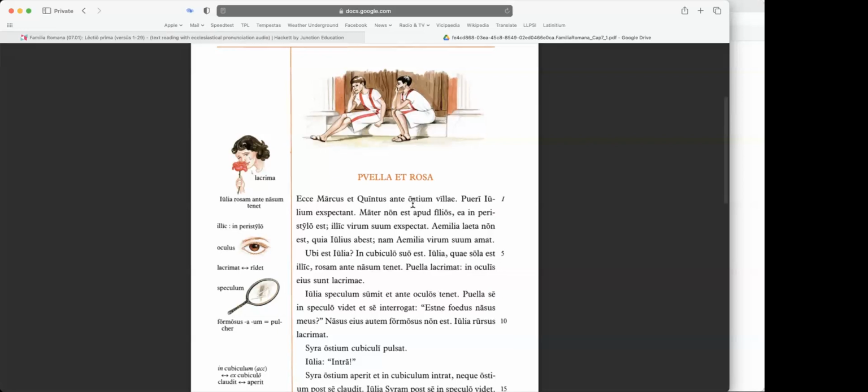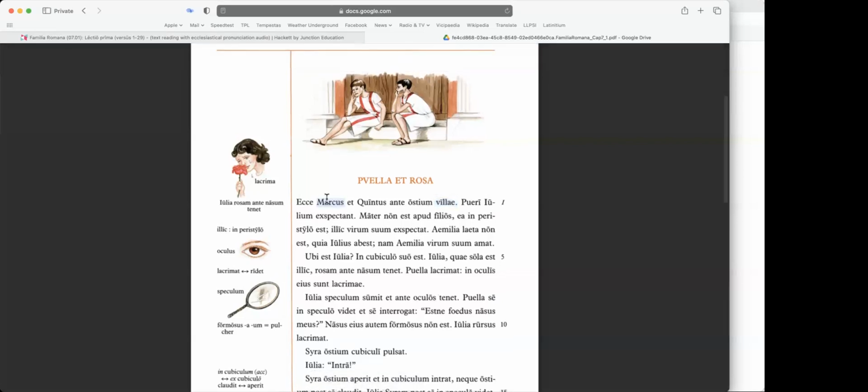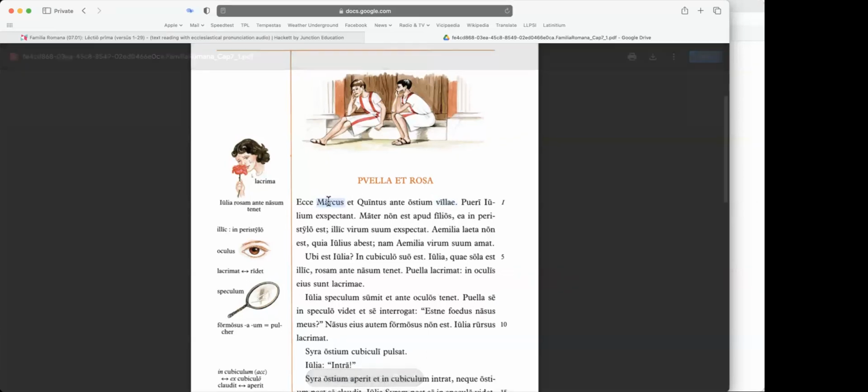So this is the door of the villa, the door that belongs to the villa, not the door that belongs to Marcus and Quintus. If you want the door that belongs to Marcus and Quintus, you would say ostium Marci, Marcus's door, or ostium Quinti, Quintus's door.